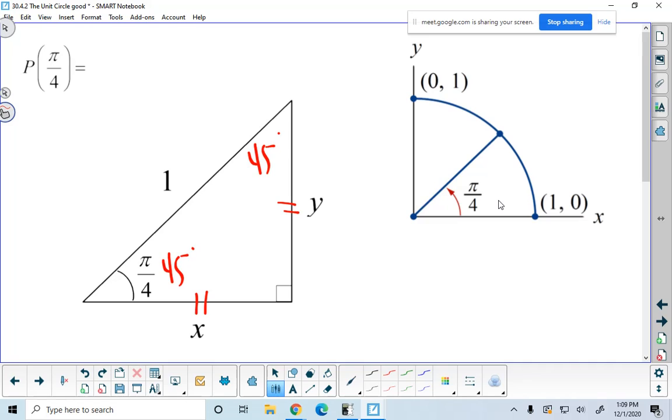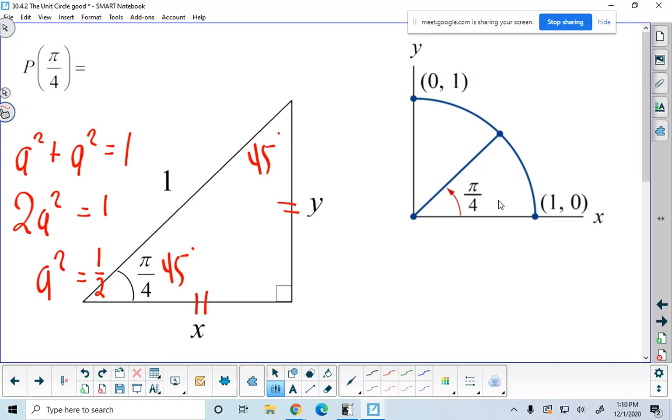I could call them both x, I could call them both y, but I'm just going to call them a. What this means is that a squared plus a squared equals 1, because the sides are equal. I get 2a squared equals 1, which means a squared is 1/2. So each of these is 1 over root 2.